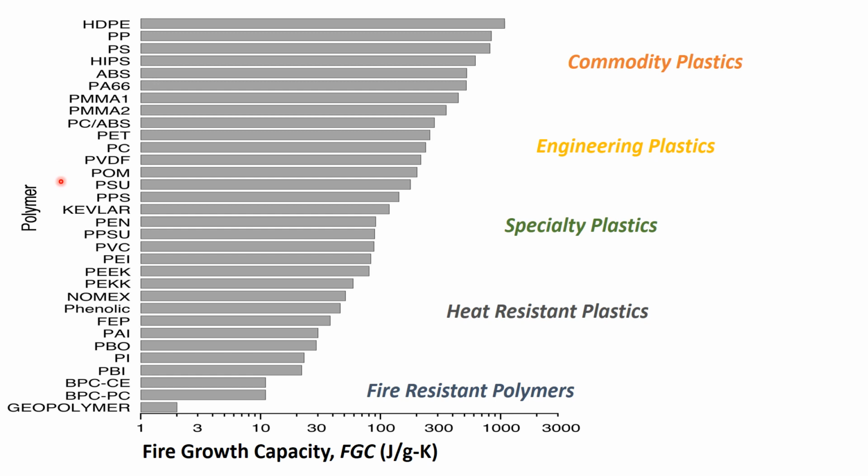And as you increase those double bonds and cyclical structures, you get into the specialty plastics, which perform even better. And then you get into the heat resistant plastics, which is where the aircraft materials reside, the phenolic resins, PEEK and PEC, materials like that. Then you get into some halogenated and inorganic type of polymers, which are ultra fire resistant, but typically aren't used in aircraft because of how they're perceived.